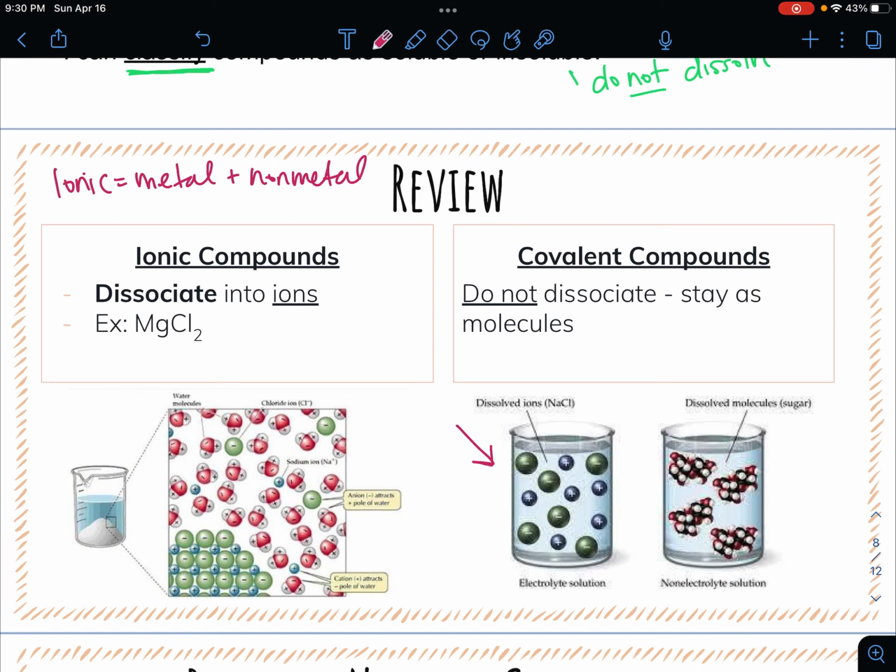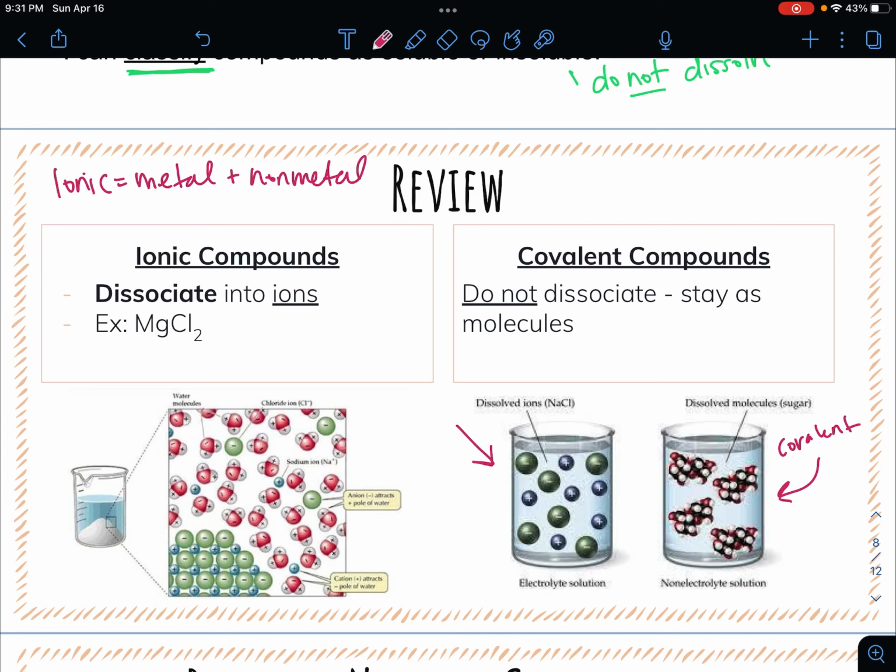For our covalent compounds, like sugar, it does not break apart into the ions. It's going to stay as a molecule. Now, remember, one little bitty molecule is very tiny. We cannot see it. So when sugar dissolves, we don't see it because it's still tiny, but it does not dissociate.